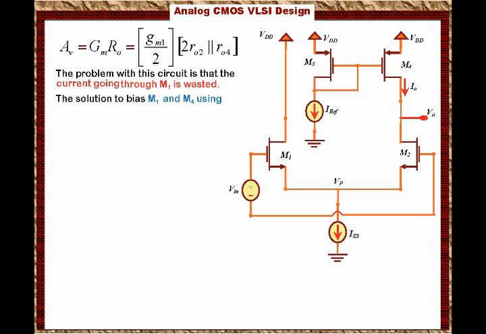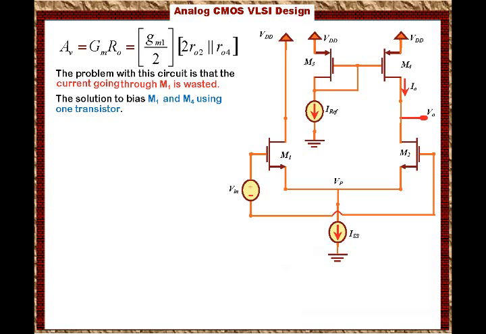The solution to this problem is to use the current through M1 to bias the current going through M4. So instead of using another reference circuit that biases M4, we're going to use the current through M1 to bias M3, then bias M4. So the circuit will look like this.